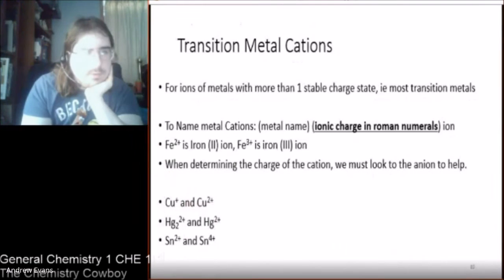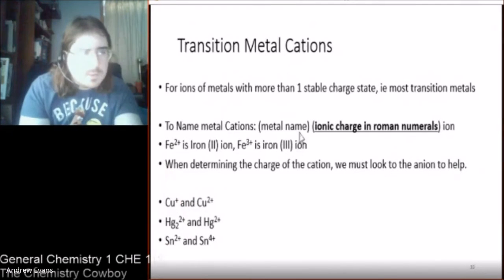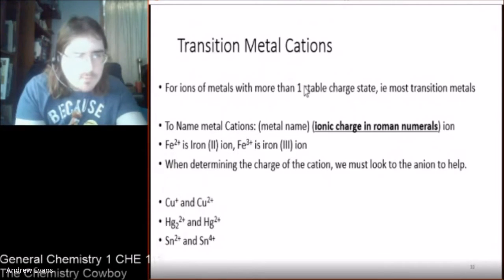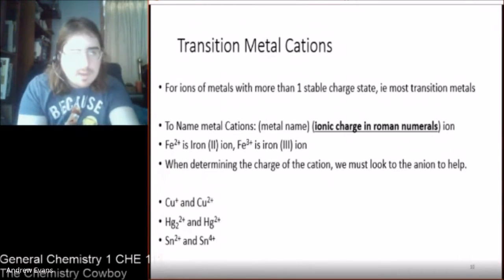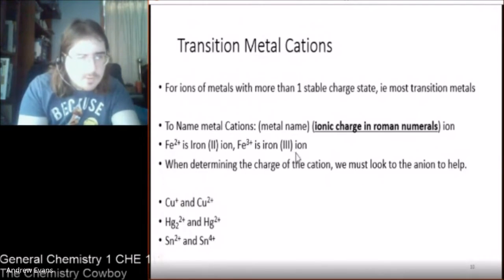So when we name transition metals, they typically have more than one charge state. If we're going to name them, we're going to name them with ionic charge in Roman numerals. We're going to say, what is the charge? And label that. So if I say iron, it's iron 2 or iron 3.